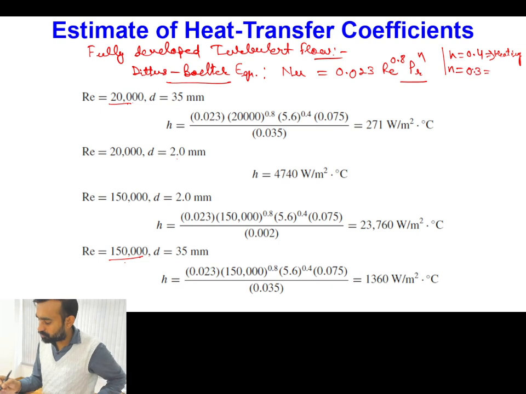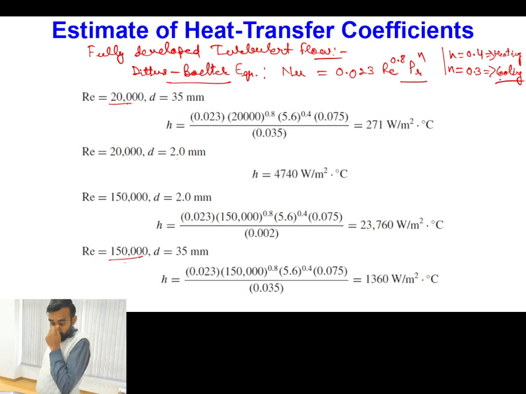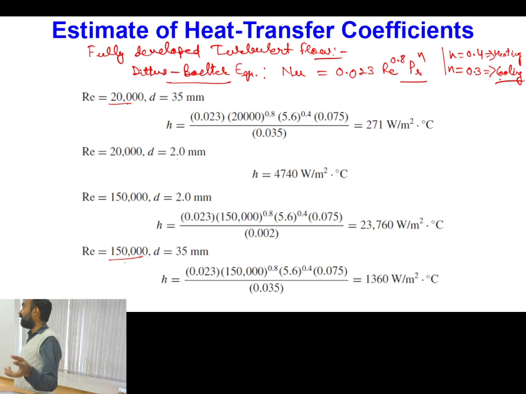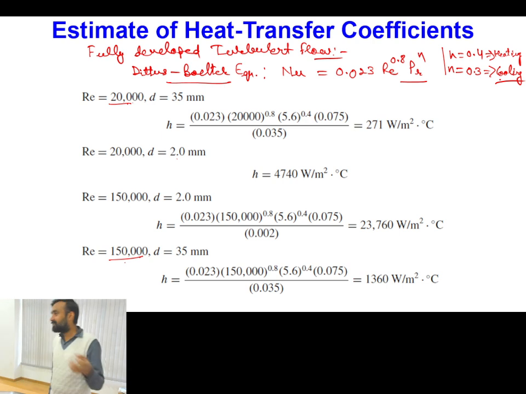So for cooling, this coefficient n is considered equal to 0.3. Is this point clear? So this Dittus-Boelter equation is a very famous equation, and for the majority of industrial design of heat exchangers and forced convection systems, particularly in turbulent flow design, this equation is popularly used. Okay, because this is a popular equation which fits almost the majority of configurations and a wide range of working fluids for determining heat transfer coefficients.